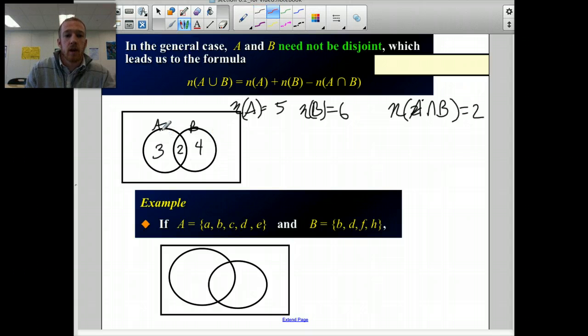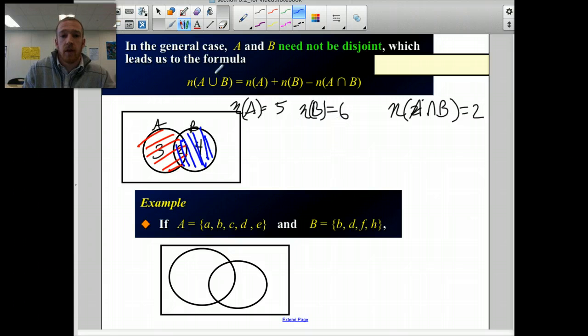If we look at the Venn diagram, here's all the things that are in A, so if I count that, that's 5. Here's all the things in B. If I count that, that's 2 plus 4, which is 6. But I've counted this 2 twice. So clearly, the total number of things in A and B together is 3 plus 2 plus 4, which is 9.